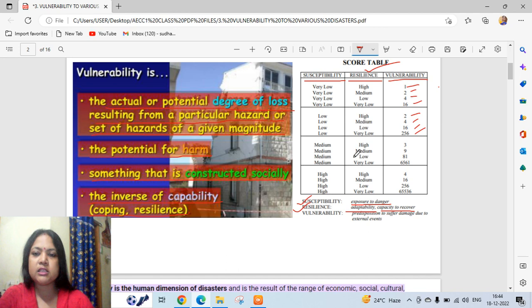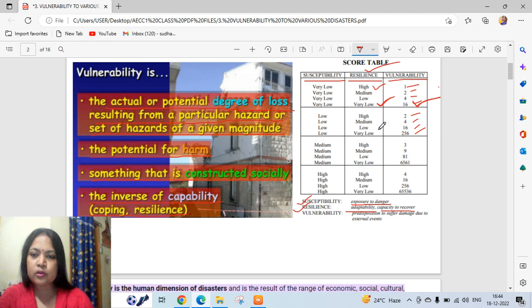That is resilience. Here it is written as resilience high. Resilience high means vulnerability will always be low, that means the scale of vulnerability will be 1. And where resilience is very low, vulnerability will be very high, that is 16. Now I hope you can understand better.